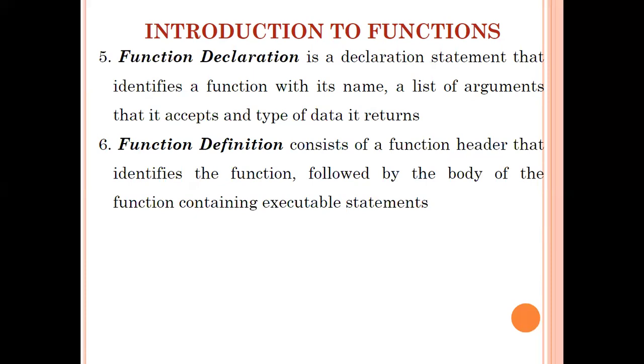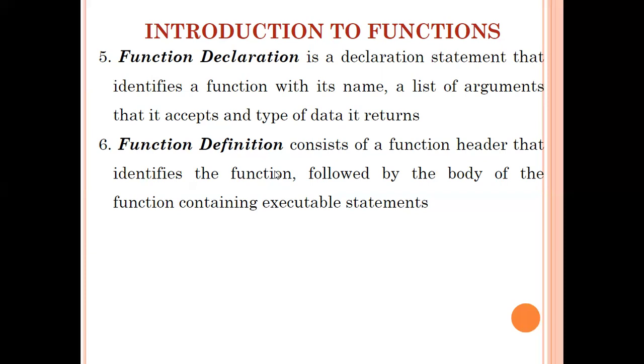So if it returns a result to the calling function, then we have to specify or mention the type of data it returns. Suppose it is going to return an integer value, in the sense the data type of the function to be declared is int. Okay, likewise, we can use some other data types also. So function declaration part will be having name of the function, list of arguments, and type of data.